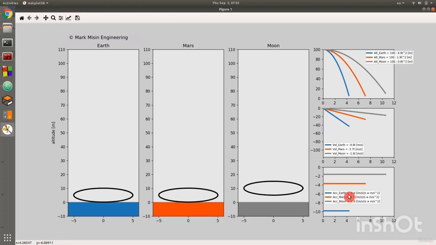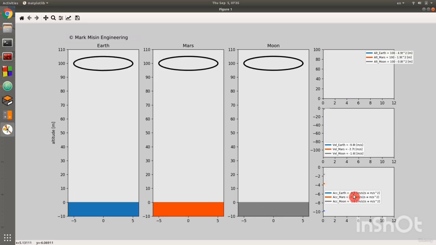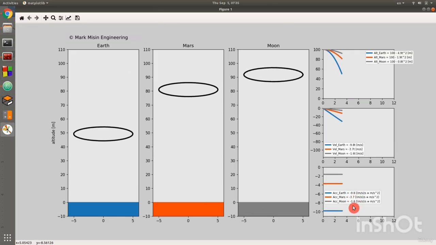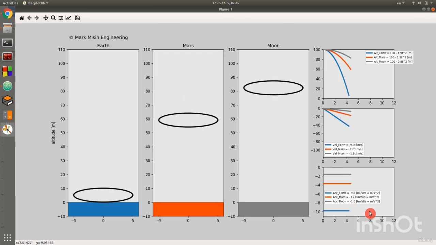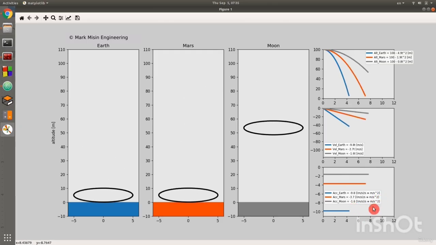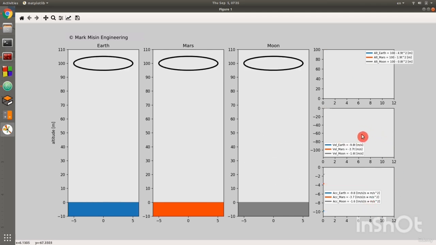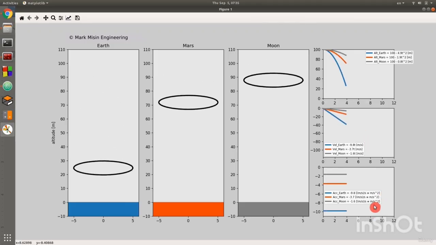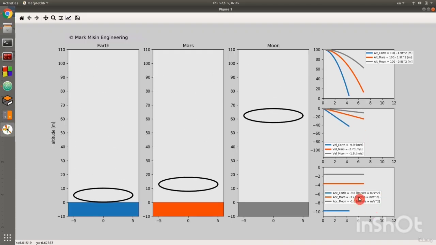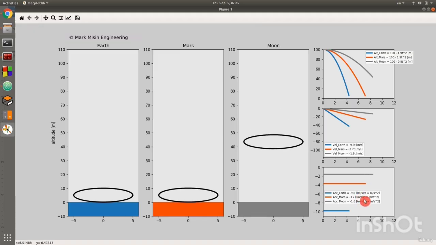So on Earth, it's minus 9.8, on Mars, minus 3.7, and on Moon, minus 1.6 meters per second squared. Because the units of acceleration, which is the change of velocity with respect to time, are meters per second squared. And it comes from this fact: meters per second per second.